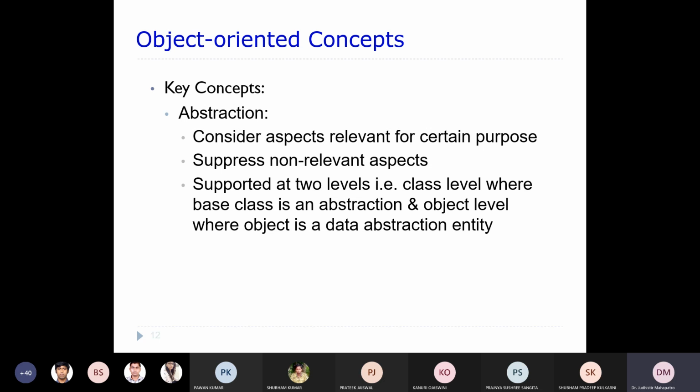In the class level, your base class is an abstraction. In the object level, the object is the data abstraction itself, because you can understand the data by seeing its object. The data is completely abstracted.